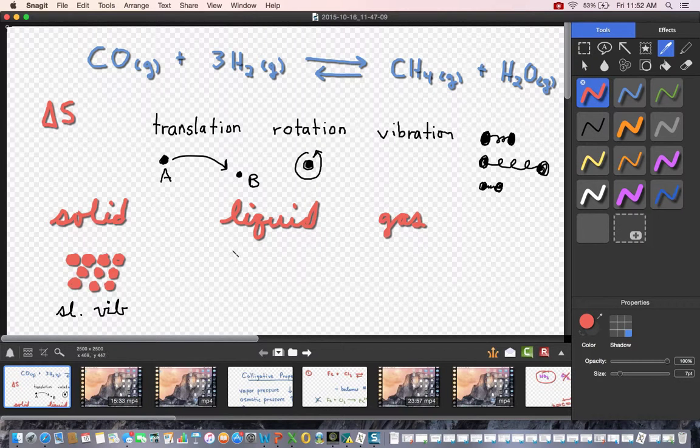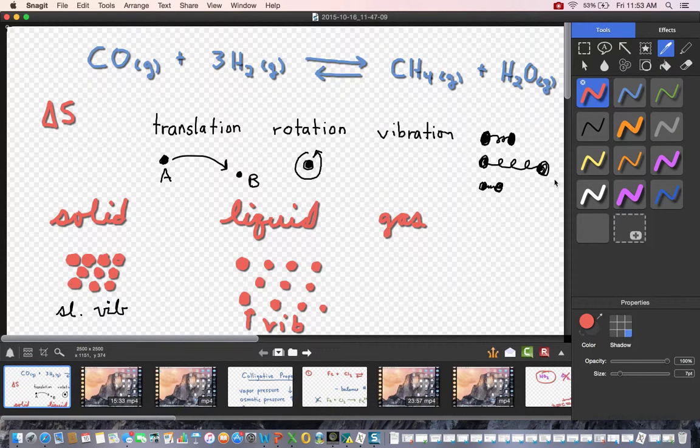The biggest difference between the liquid phase and the solid phase for most substances is that there's a little bit more space between them, so the vibrations are a little bit more pronounced. So I have increased vibrations, and not significantly increased vibrations, just a little bit more.